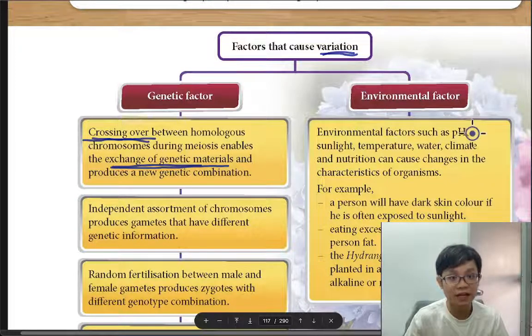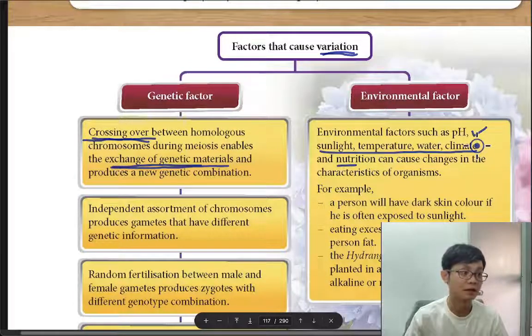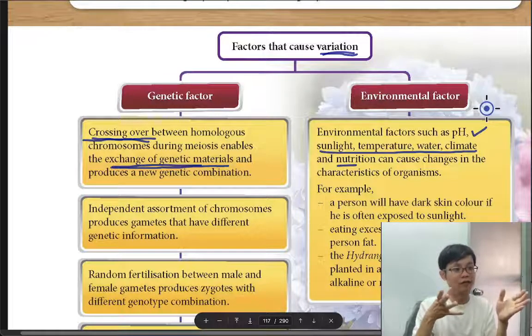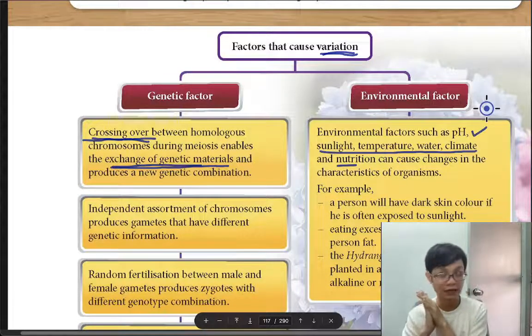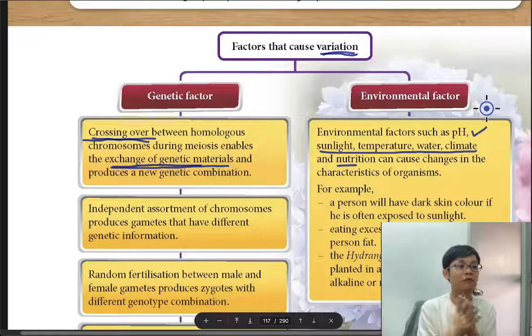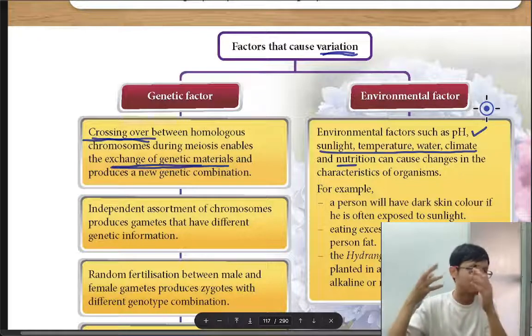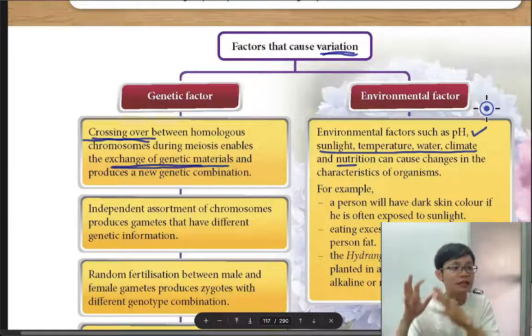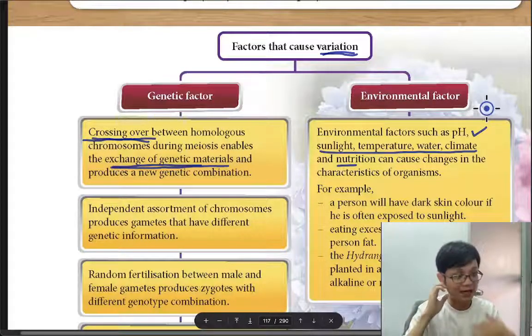Environmental factors such as pH, sunlight, temperature, water, climate, and nutrition will change things. For example, if you marry and live in Africa, even if both of you are Chinese, if you have a baby, usually the skin also becomes dark due to microevolution.